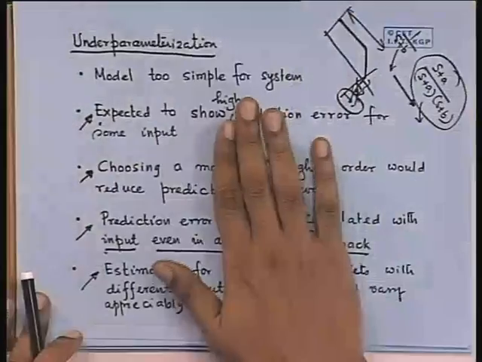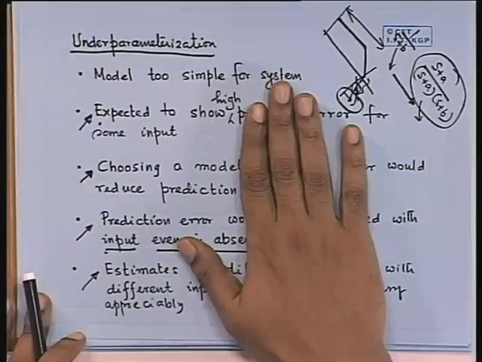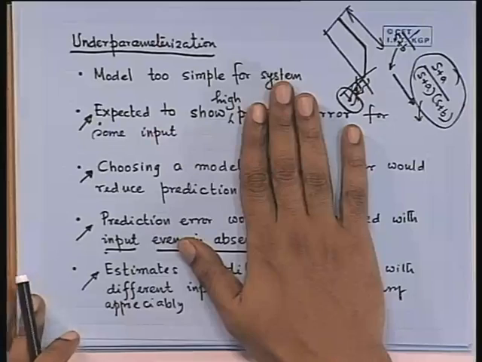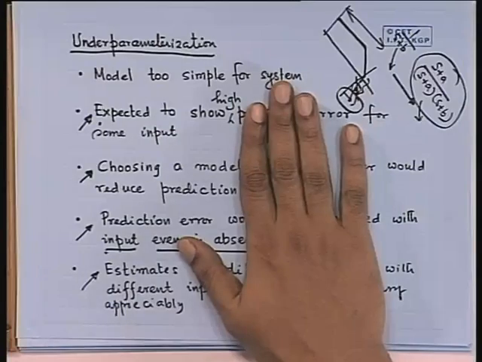That is also an indication that your model structure is not good for all that input variation, because it's changing. So these are roughly ways of detecting that a model structure is too simple. It cannot capture the system behavior under the required conditions of the input.